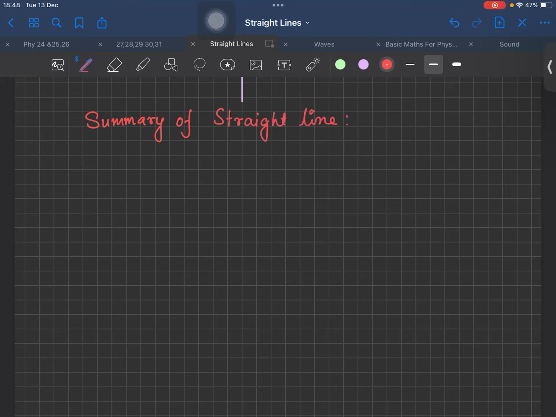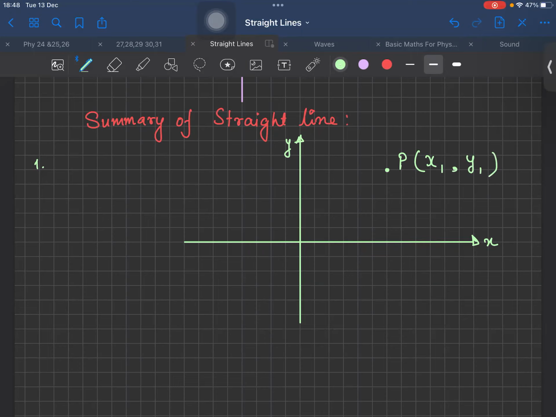So what we have studied in this chapter, first thing was that if 2 points are given to us, so these are our axes, x and y, and we are given any 2 points, let's say a point P here with coordinates x1, y1, and a point Q with coordinates x2, y2.